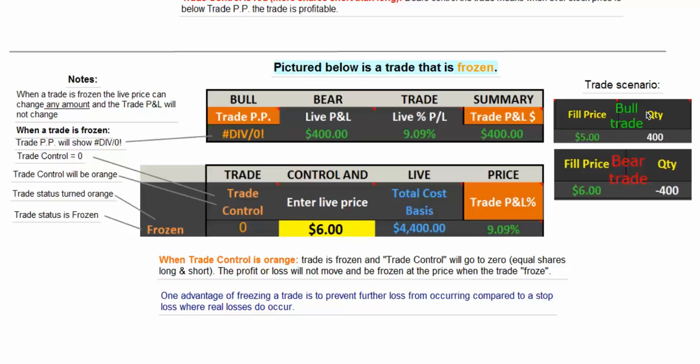If you're in a bull situation going 400, then you're going to want to short 400 shares. And at that price where you make the trade frozen, that's where the existing trade P&L loss will freeze. That's a real important feature, so you don't have to literally take a loss, and you prevent any further loss from occurring.